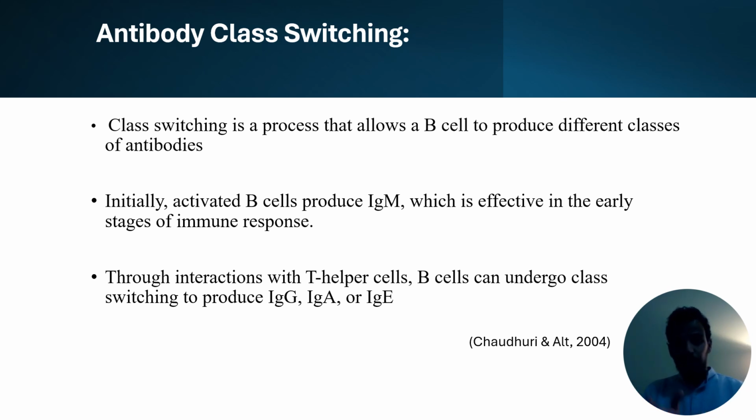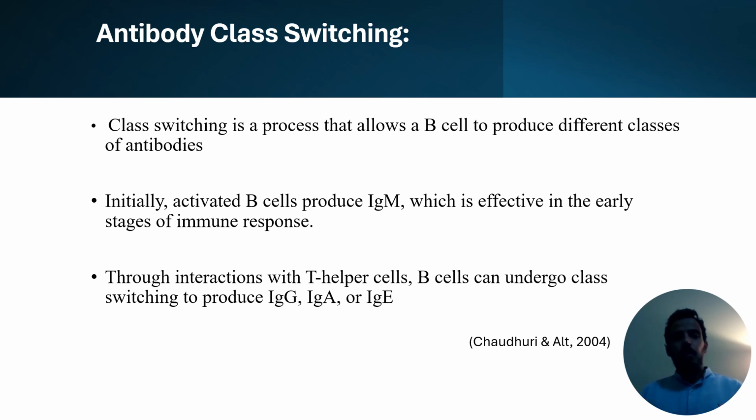Through interactions with T helper cells, B cells can undergo class switching to produce IgA, IgE, and IgG. The mechanism of class switching involves cytokines such as IL-4, IL-5, interferon gamma, and TGF-beta, which play a critical role in signaling B cells to switch from IgM to other antibody classes.